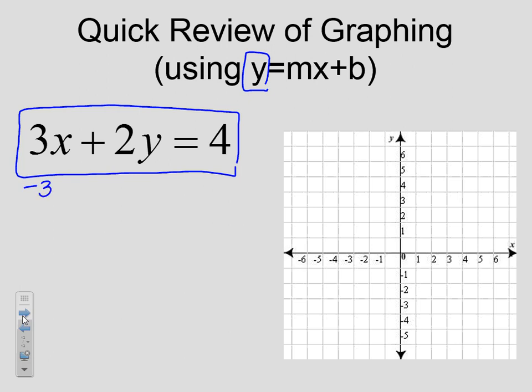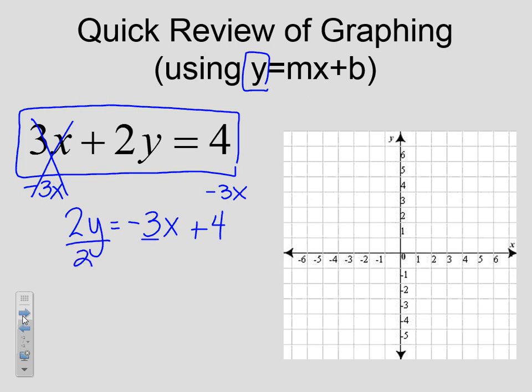So I'm going to subtract 3x from both sides of the equal sign. And now you can write 4 subtract 3x, or negative 3x plus 4, since that 4 was a positive 4. Okay, we're trying to make him look like y equals mx plus b form. There's still a 2 coefficient in front of the y, so we'll divide by 2.